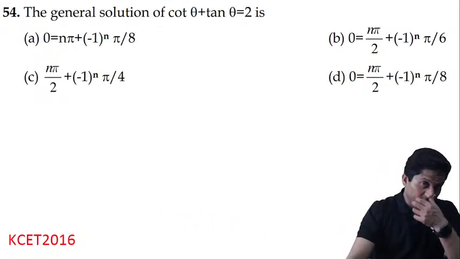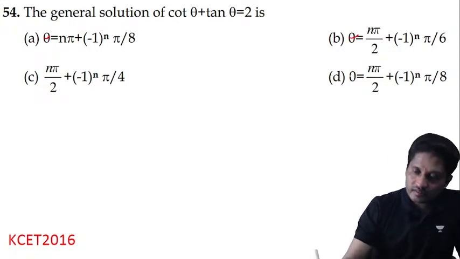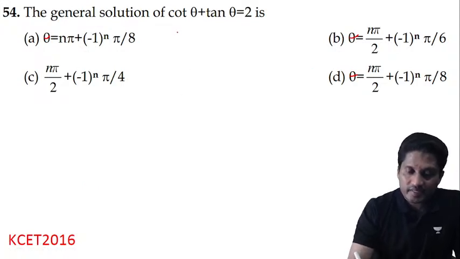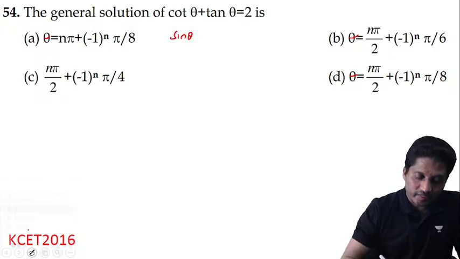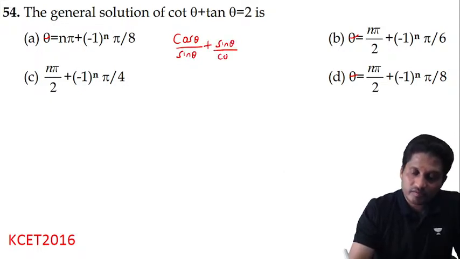General solution of the equation cot theta plus tan theta equal to 2. Cot can be written as cos by sin, cos theta divided by sin theta. Tan can be written as sin by cos, equal to 2.